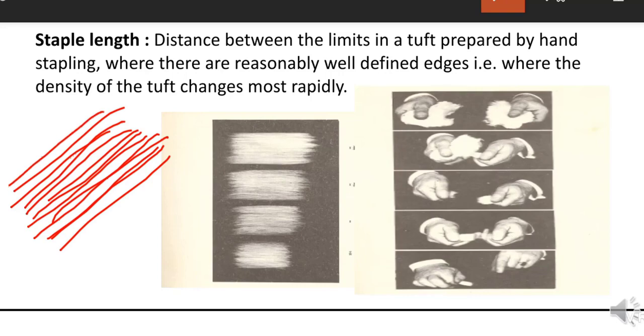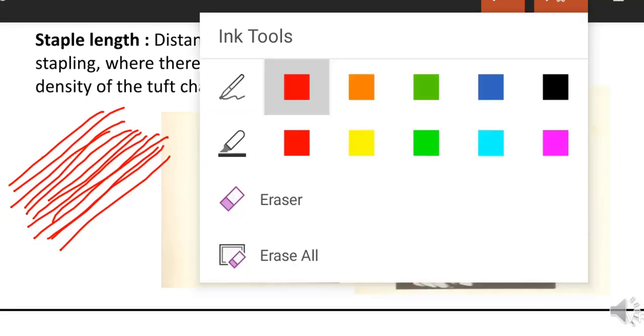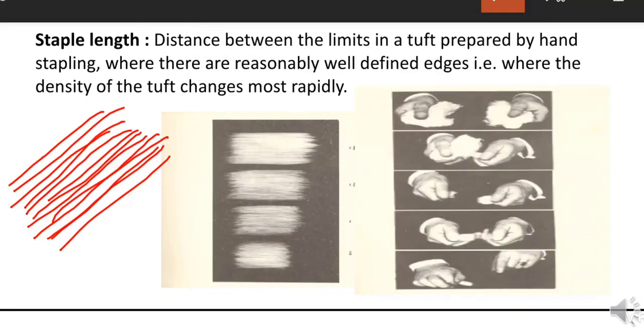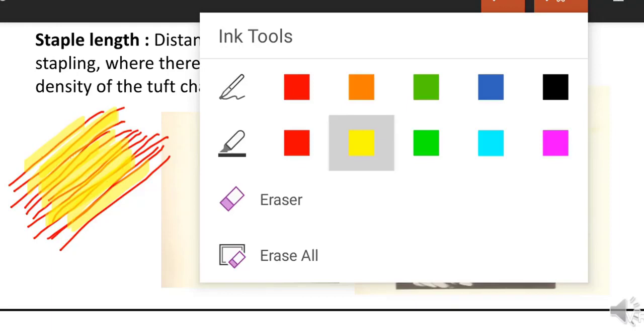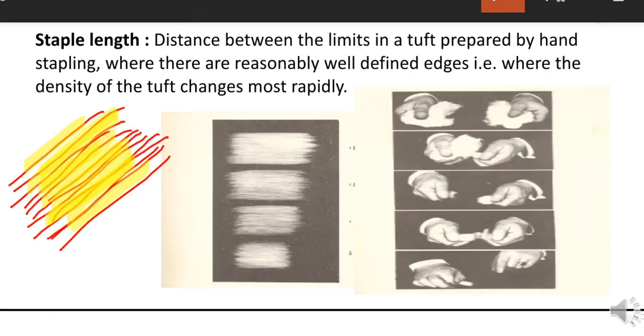So these fibers are the longest length fibers. Now there may be a few medium length fibers. They may rest here in this region, while the short fibers will remain here, this way.